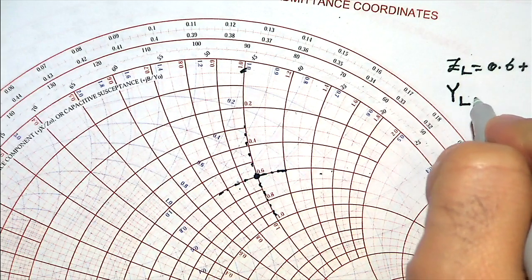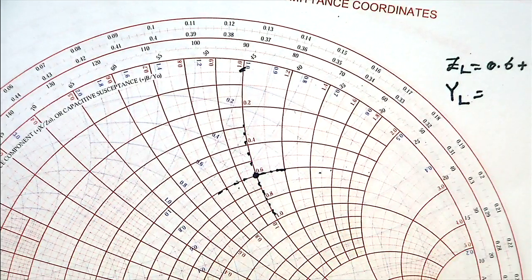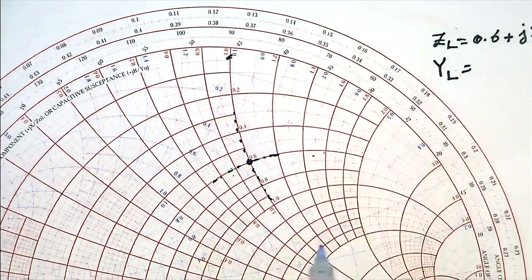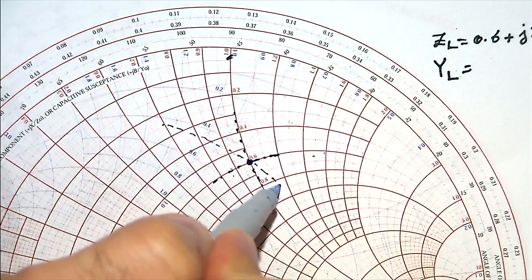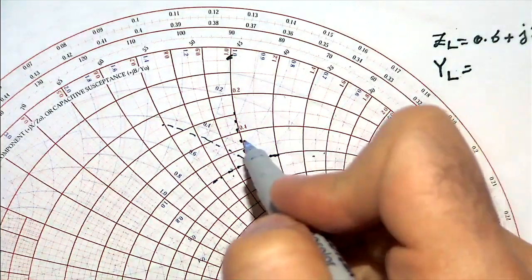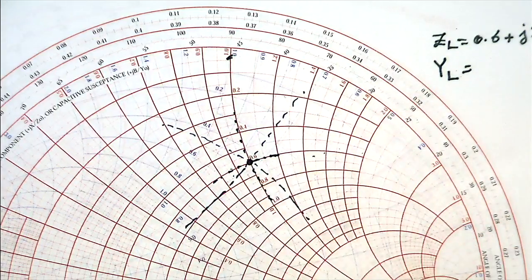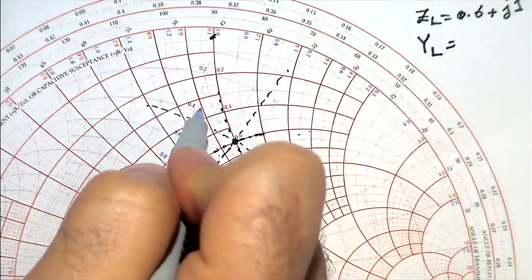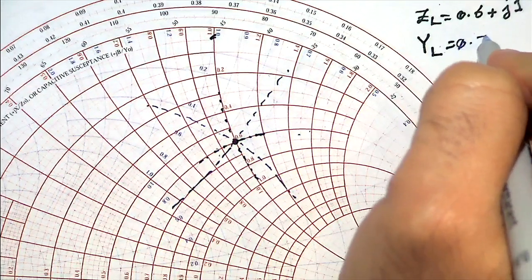All right? And if I want to see what the admittance of this is, again, this point is the intersection of two circles on the Y plane. One of them is this circle, and the other is this circle. This circle is coming from, for example, somewhere between 0.4 and 0.6, which is 0.5.